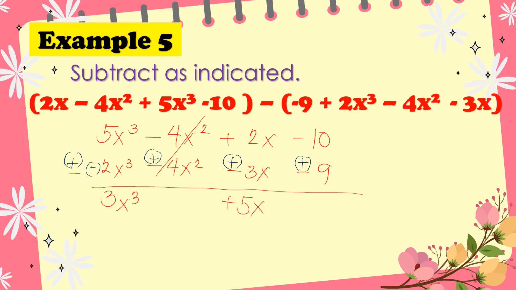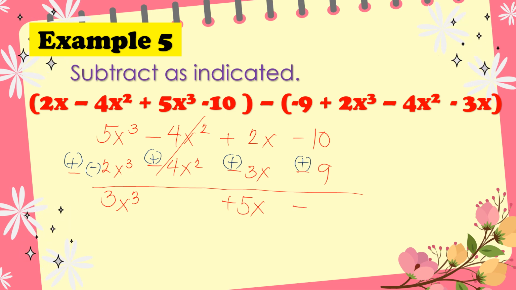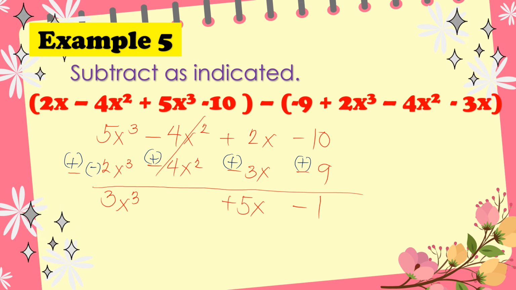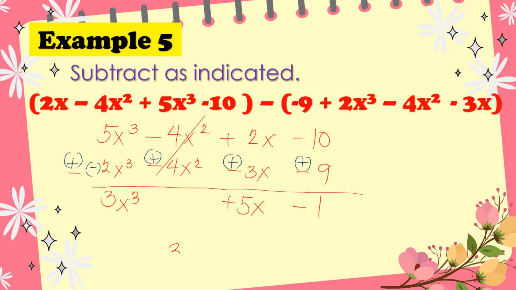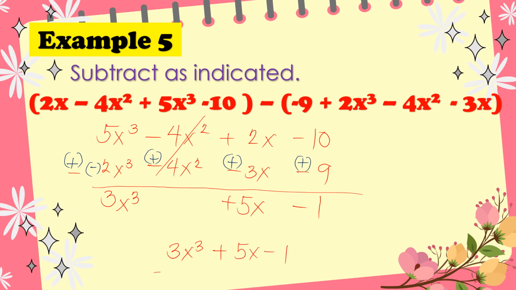And then negative 10 plus positive 9, that would give us negative 1. So, pag sinubtract natin yung dalawang given sa isa't isa, ang sagot is 3x cubed plus 5x minus 1.